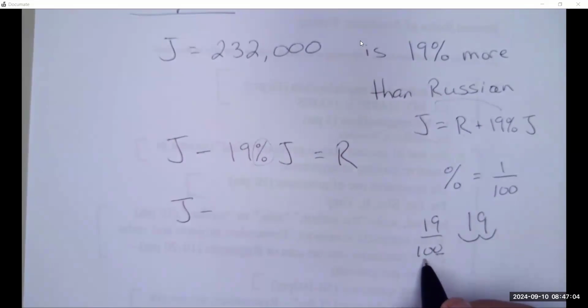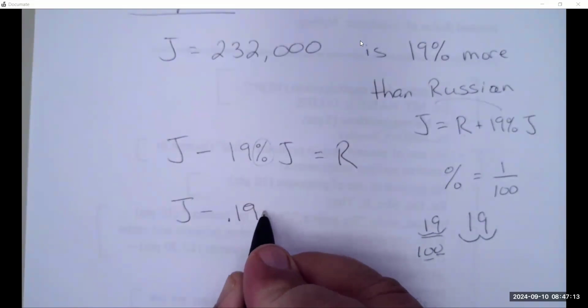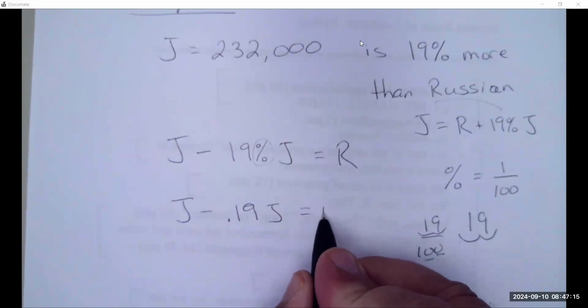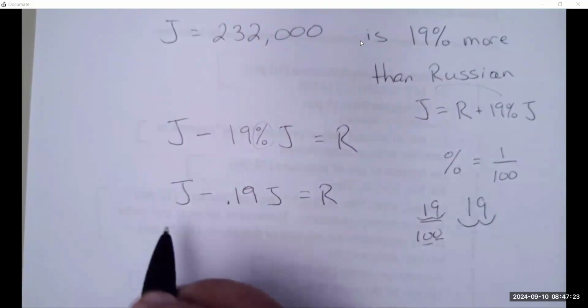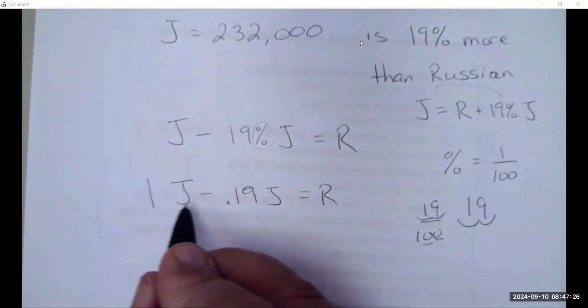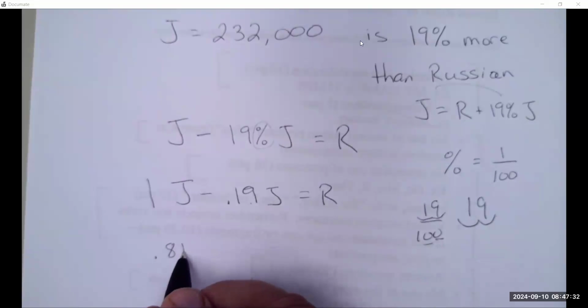Each zero you're dividing by is one more step to the left. So it's 0.19J equals R. So we have 1 minus 0.19, which is 0.81.